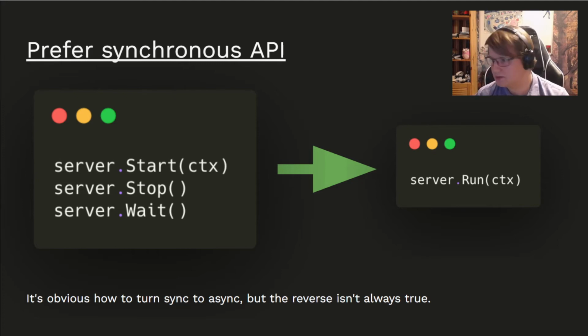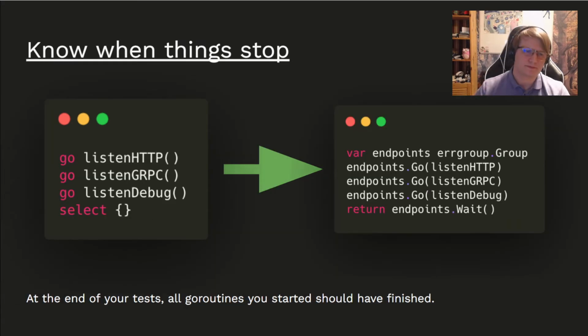I think there are no questions so far. One of the common mistakes is that you should always know when things stop. You should have something that waits for the goroutine to stop before you return from somewhere.